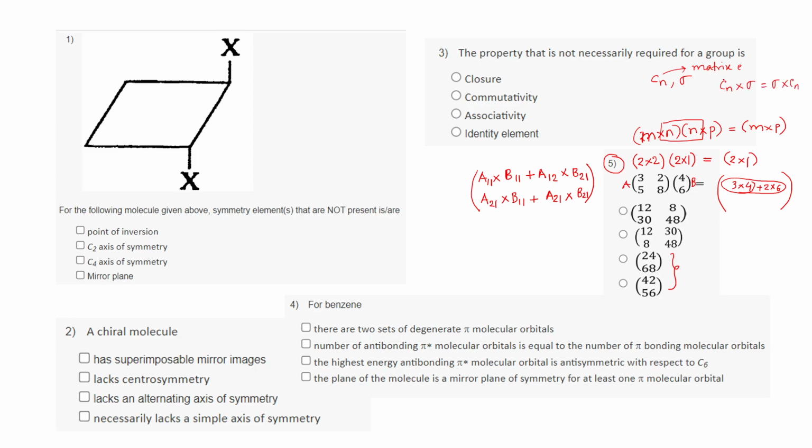I am just taking one example; this is not true for all molecules. To check these things or perform some operation, you will need matrix multiplication. That is why matrix multiplication will be required in symmetry, and those will be discussed. And you can see this online also.